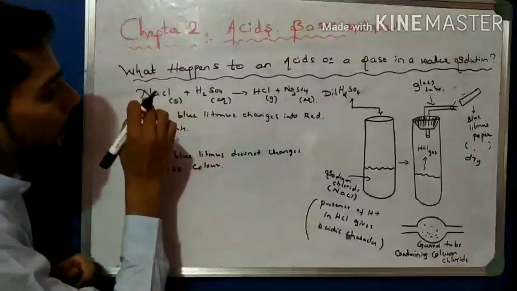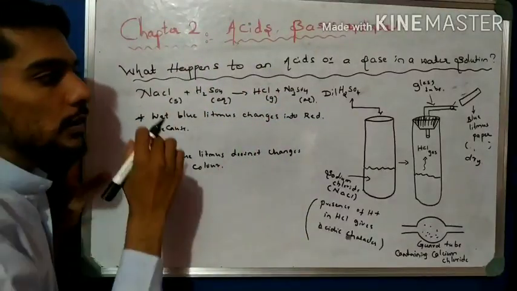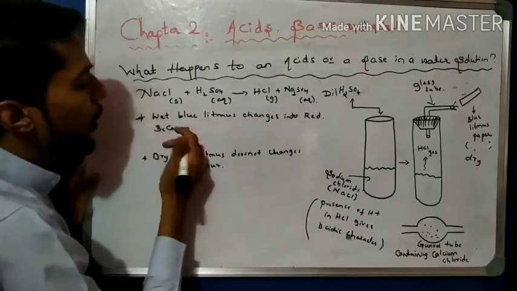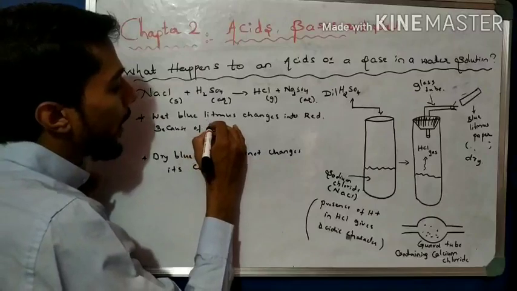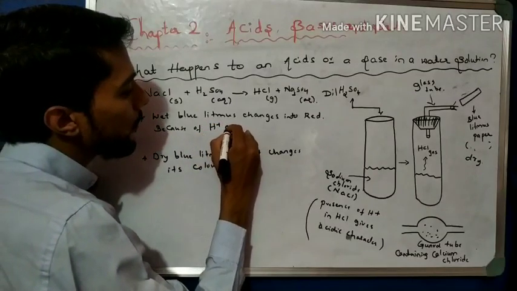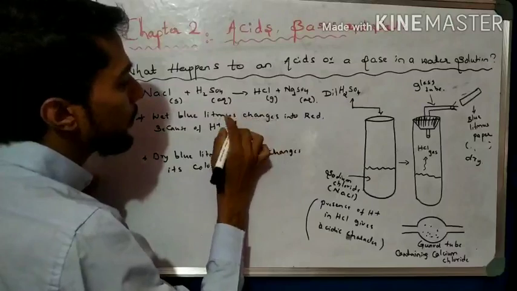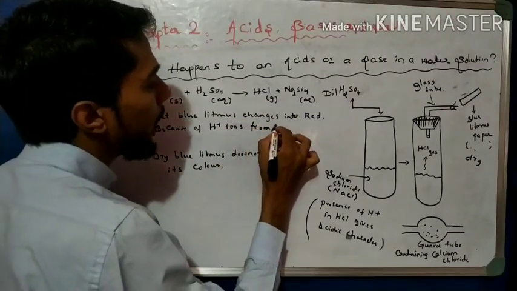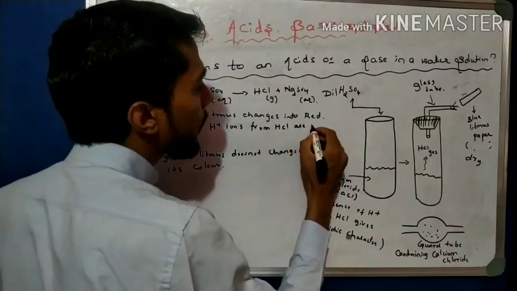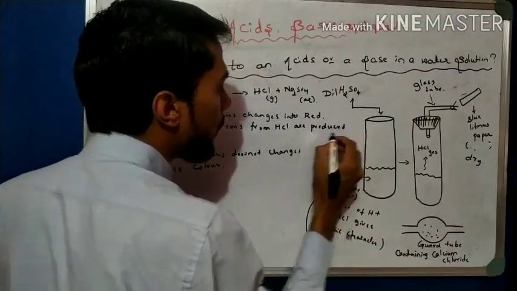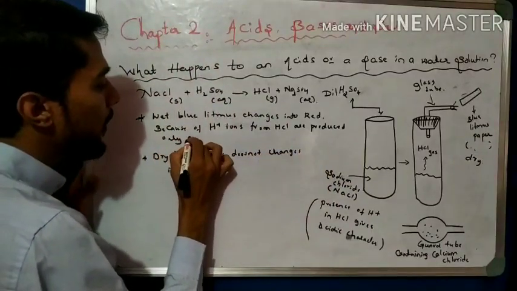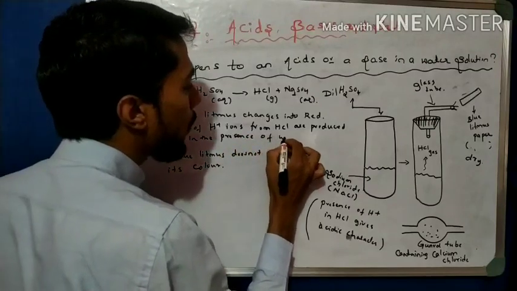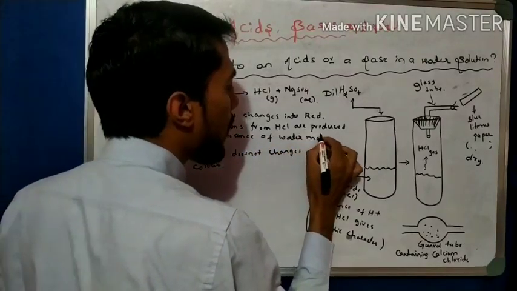So the answer is: wet or moist blue litmus paper changes its color to red because H plus ions from HCl are produced only in the presence of water or water molecules.